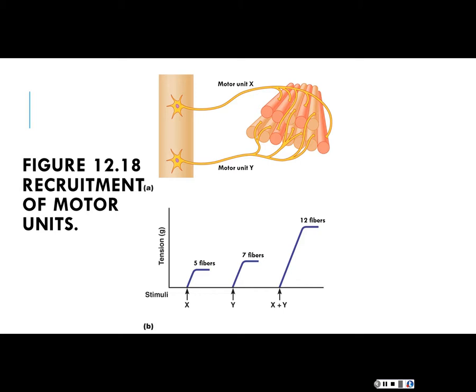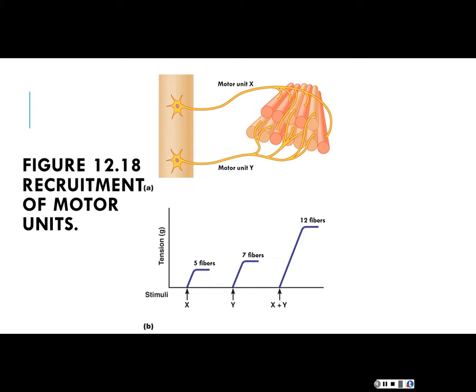Smaller motor units would have fewer what? Muscle cells. And so the amount of force generated would be less. Organs in our body that tend to have smaller motor units are the ones for very precise movement.